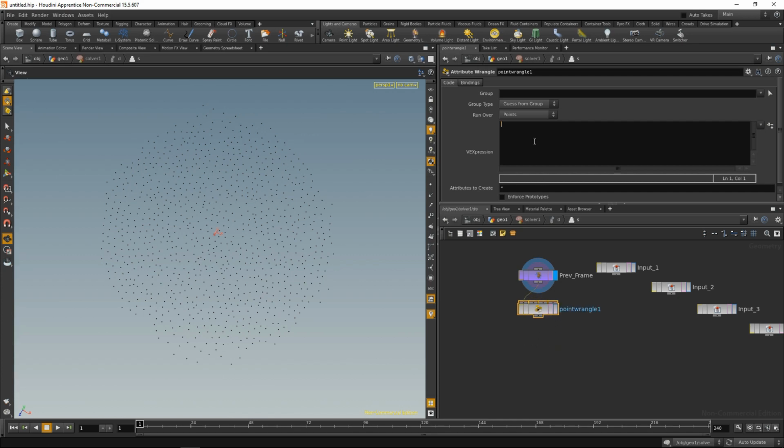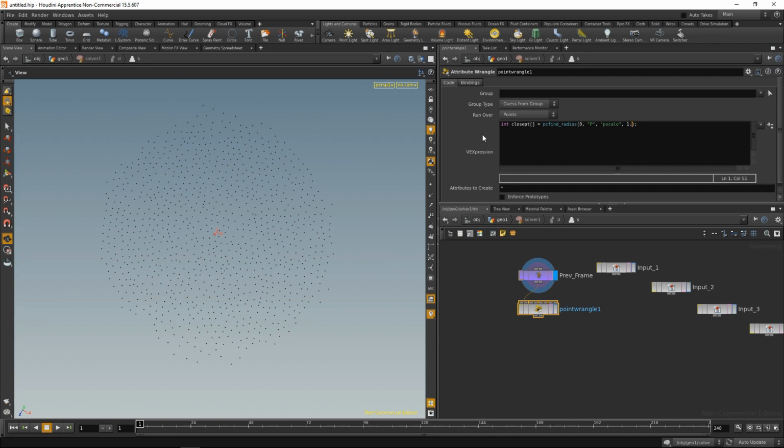So let's first find intersecting points by using a function called pcfind_radius. Let's create a variable called closept here, and it's going to be an array, so it's going to be a list of integers, a list of point IDs. We're going to use the pcfind_radius function here to find those points, and we're working on the 0 input slot, working on the position channel, and we want to take into account the p-scale value that the particles have with them.